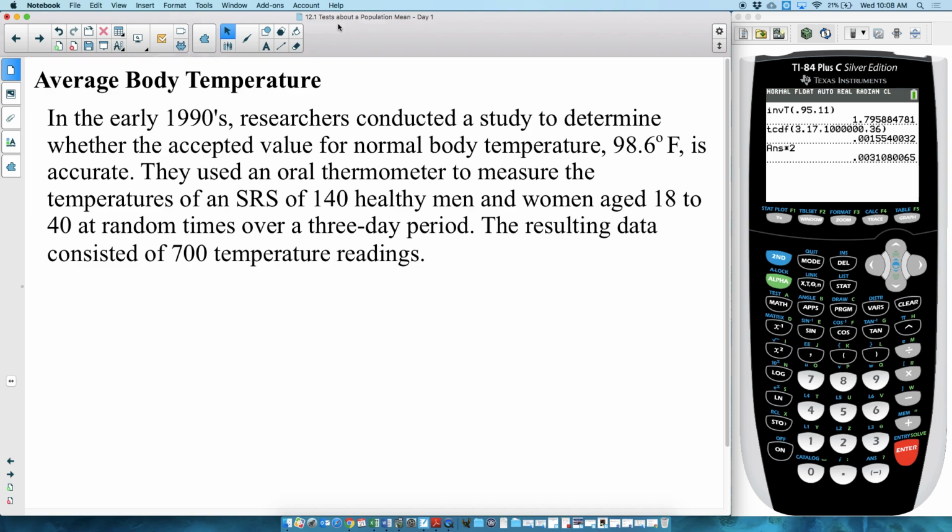Because most people, I think, run a little lower than that, like 97 point something. They used an oral thermometer to measure the temperatures of an SRS of 140 healthy men and women aged 18 to 40 at random times over a 3-day period. The resulting data consisted of 700 temperature readings.